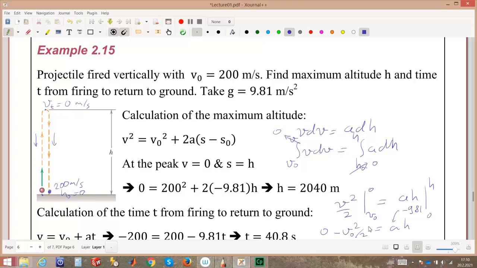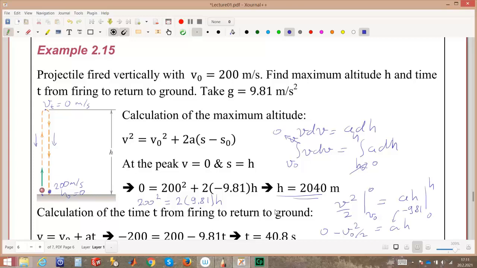Both sides of the equation are negative, so we can cancel out the negatives, and as a result we're going to have this equation as 200 squared over 2. Over 2 can be moved onto the right hand side of the equation: 2 times 9.81 h, basically the same equation that we have over here, and then as a result of that we will be able to calculate the maximum height that this projectile will reach.